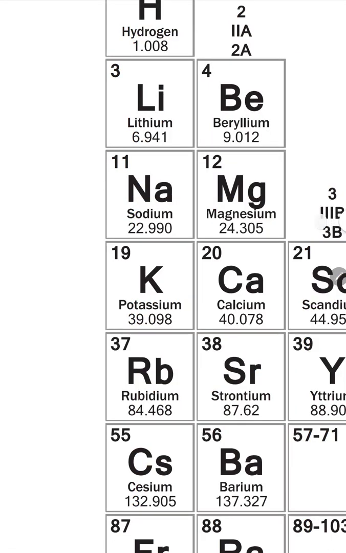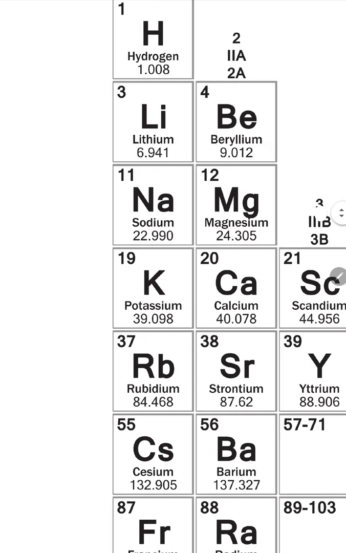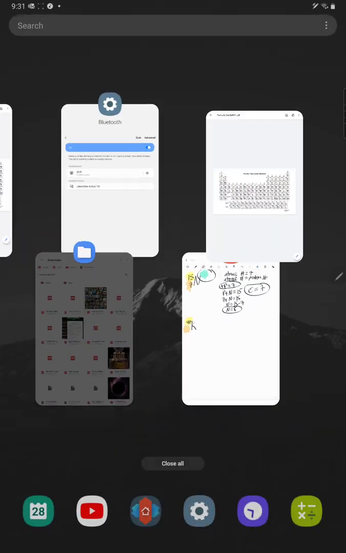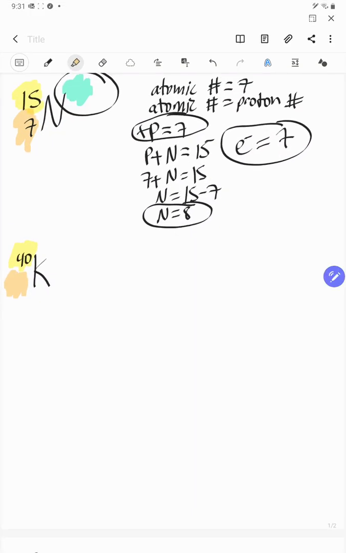We said we have potassium 40. But every single potassium in existence has 19 protons. So we're going to take that information and fill that in here. So we can just write that since the atomic number equals 19, the proton number equals 19.